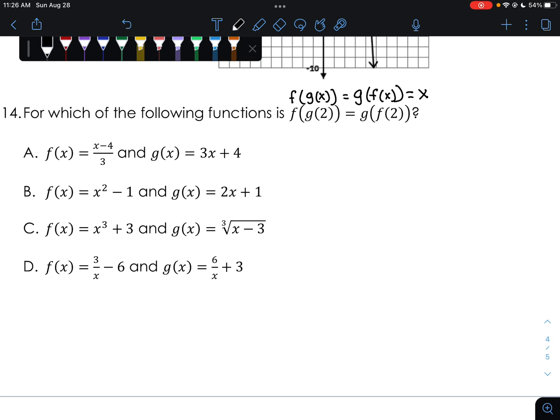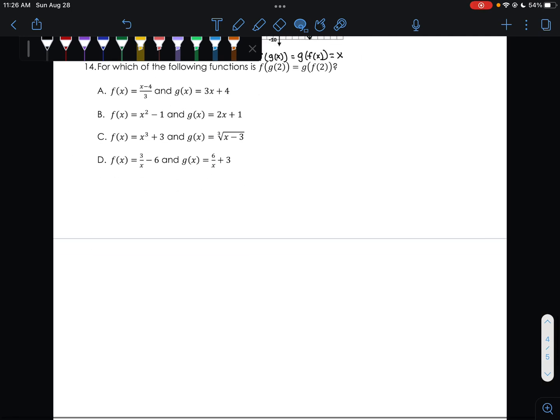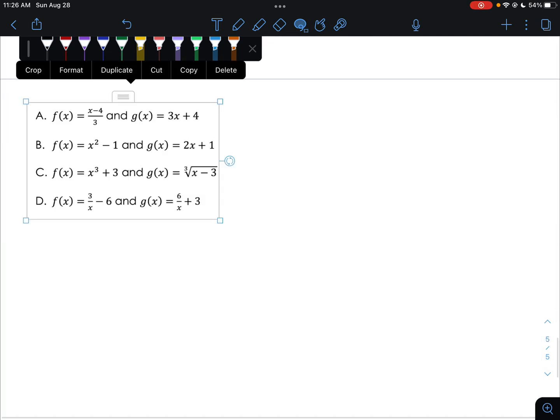If you want to do the compositions, then do that. In the work notes, I have the work for doing the compositions. In the video, I'll show you how to do it, just finding the inverses and seeing if they match. Okay, so I'm going to copy these to another page so I can work them out.